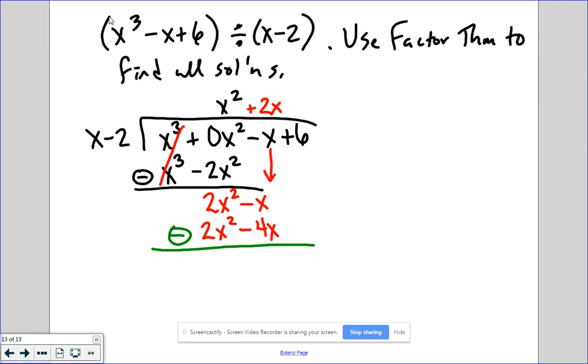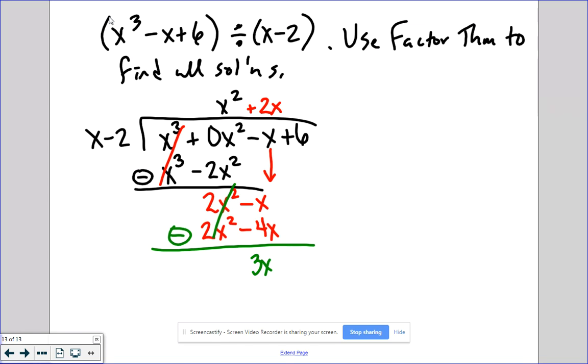What happens to the 2x squareds? They cancel. Then I have negative 1x minus negative 4x. It'd be 3x. Negative 1 minus a negative becomes plus 4. So negative 1 plus 4 is 3.